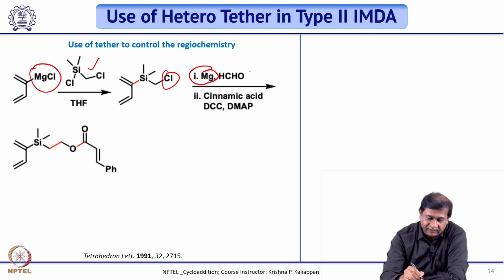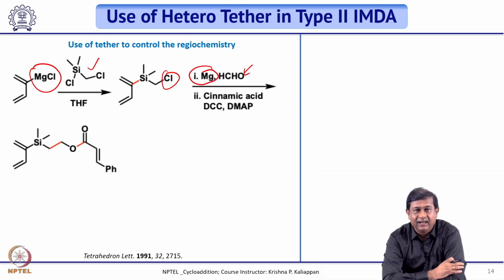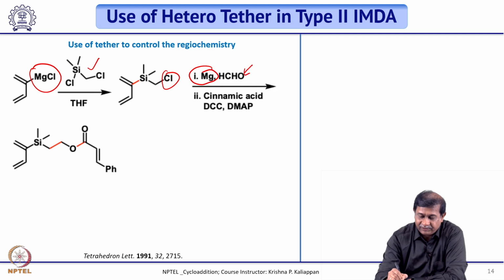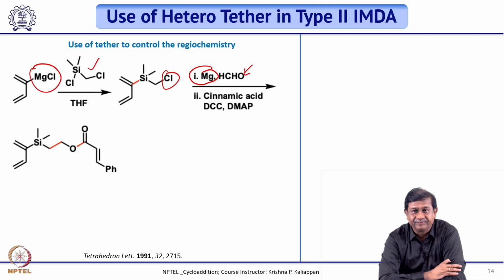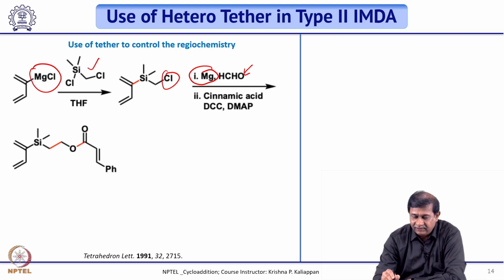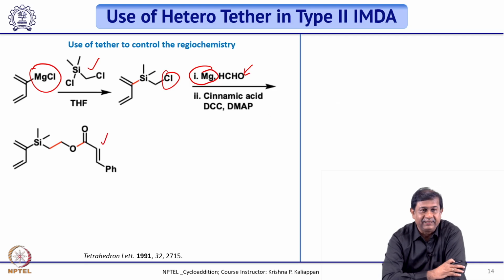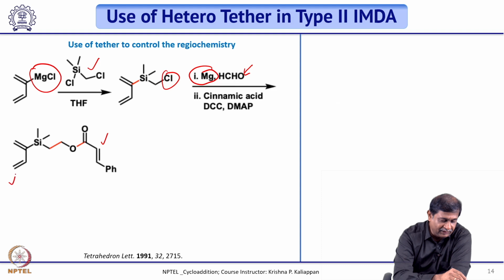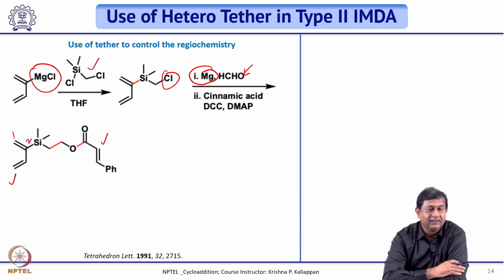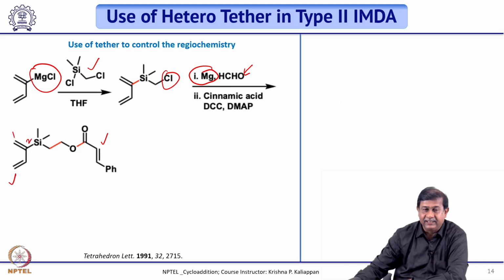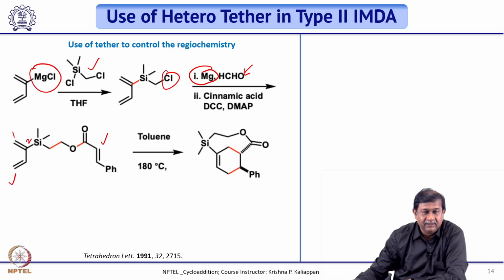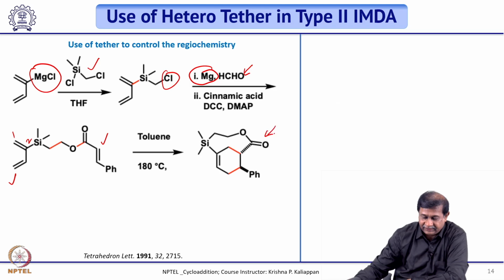Once it forms a Grignard, you quench with formaldehyde and that will give you the corresponding primary alcohol. This primary alcohol you can then couple with cinnamic acid to form this cinnamate ester. Now you can see you have the diene and the dienophile, connected to carbon number 2 of the diene. This in principle can undergo intramolecular type 2 Diels-Alder reaction to give this very interesting bicyclic compound.